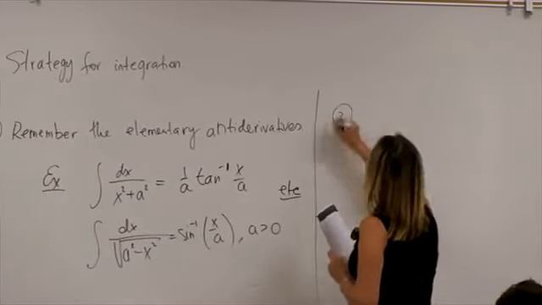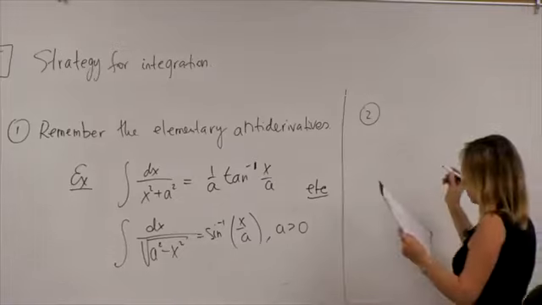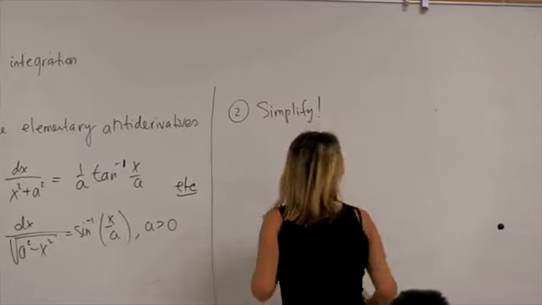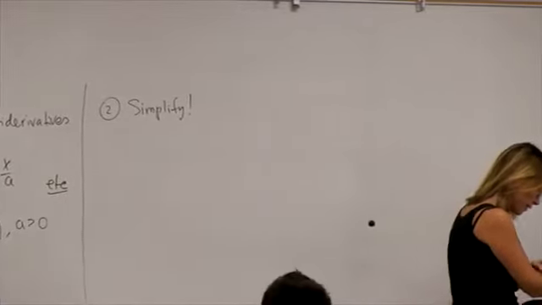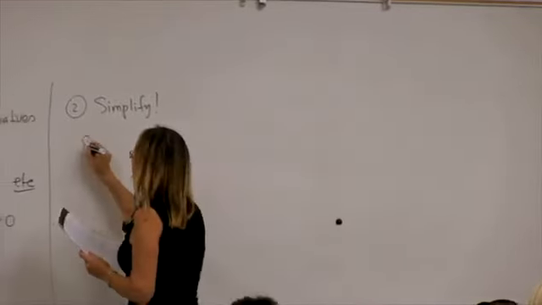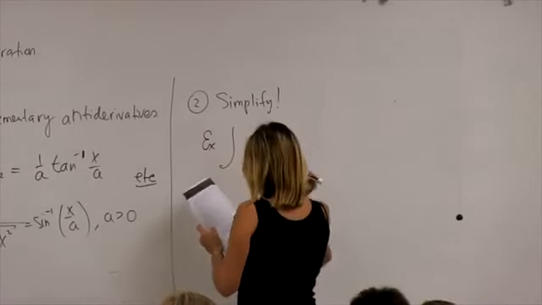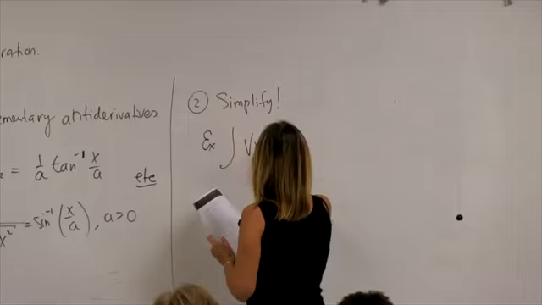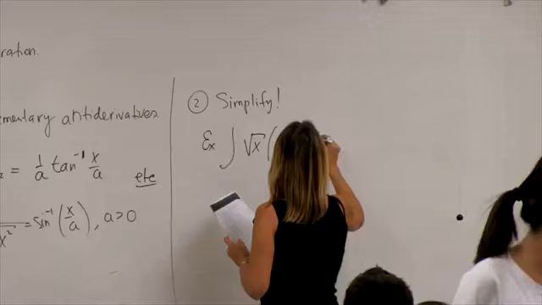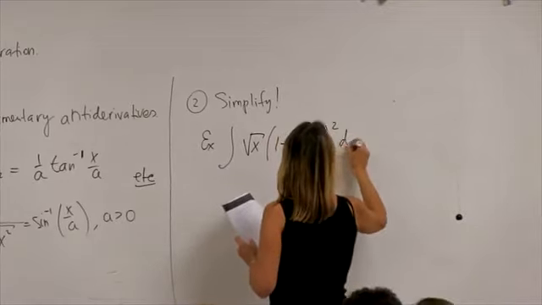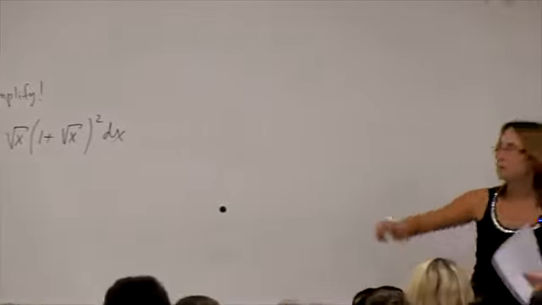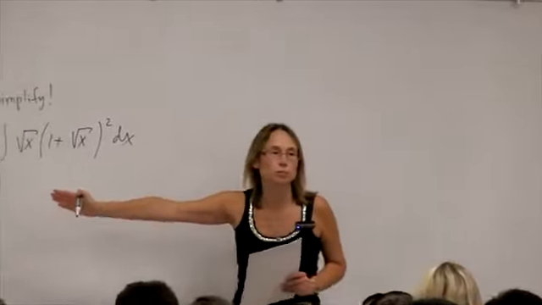Now, technique number 2, simplification. So before you take an integral, try to simplify it as much as possible. So, for example, we can have something like this. So what is the step here? We have to expand the square and multiply through.